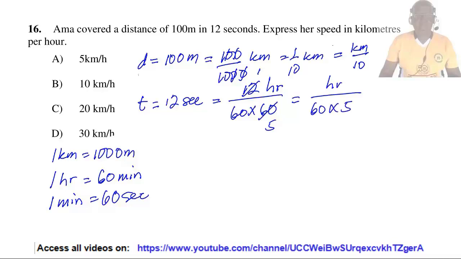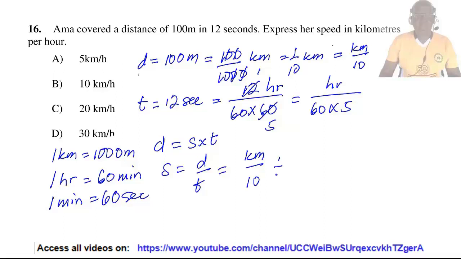But we know the distance traveled D equals the speed times time. So the speed equals the distance divided by the time. The distance we know to be equal to kilometer divided by 10, and the time we know to be equal to T, hour divided by 60 times 5.